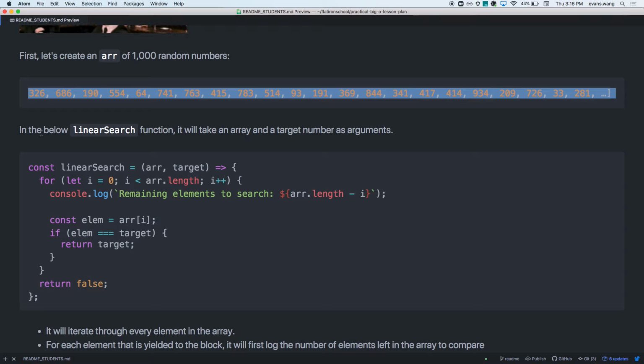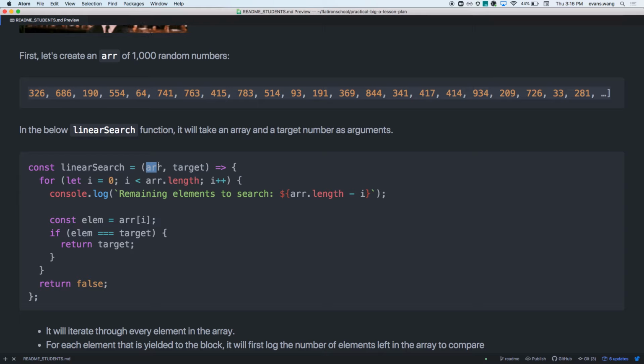In the linear search below, basically what I'm doing is I'm taking in an array, of 1,000 unsorted numbers, and I'm looking for a very particular number. I'm going to go through every single number, and I'm going to log how many I have left to look at. And then I'm going to check to see, is the element I'm on what I'm looking for? Cool?